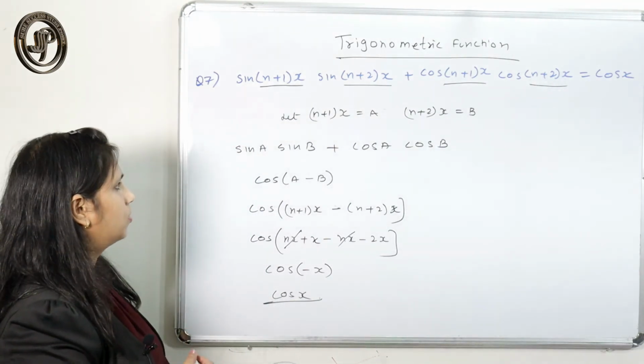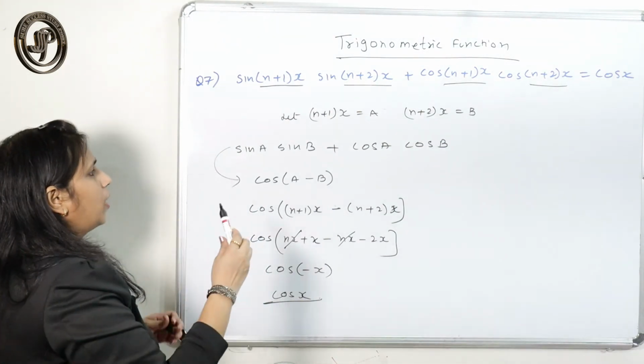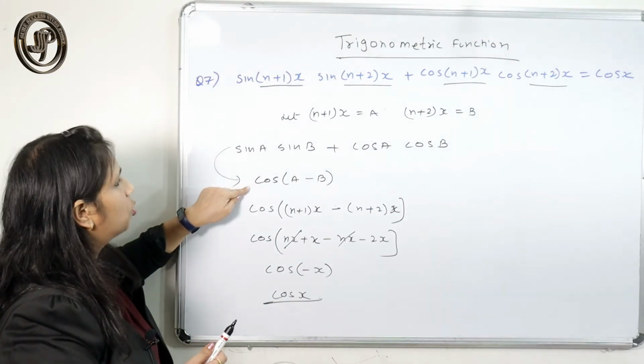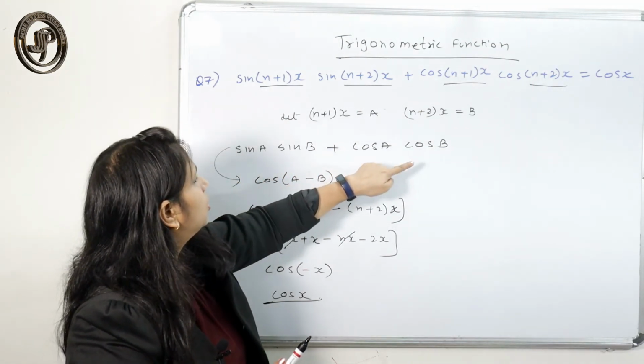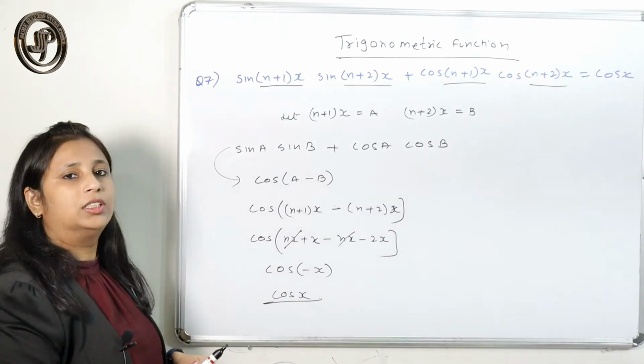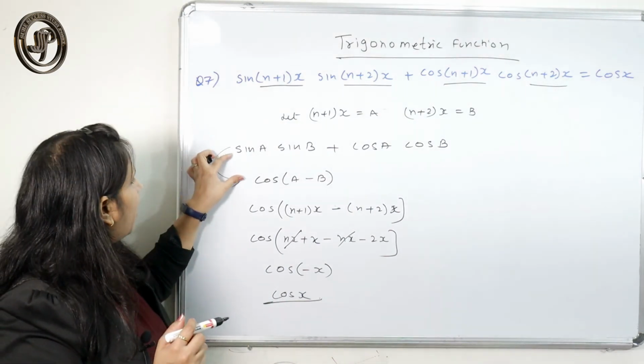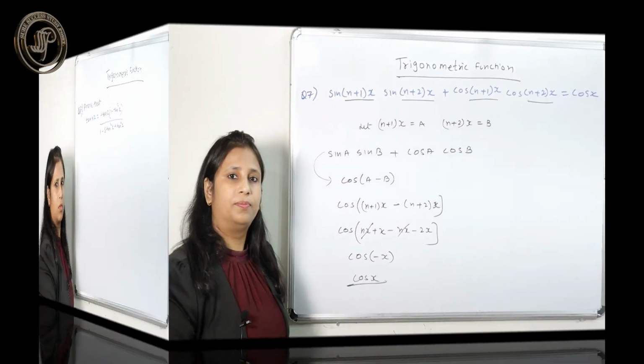This way we can solve this. So here what we have done, we have just closed this identity, because we know that cos A cos B plus sin A sin B is the formula, the identity for cos A minus B. So I had closed that identity only.